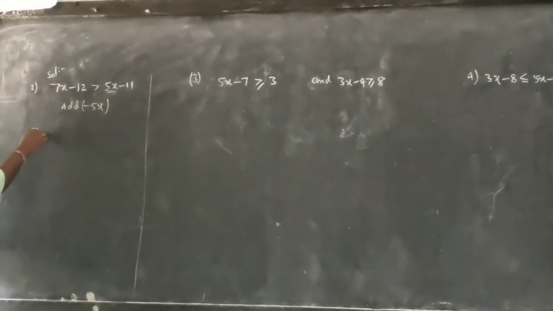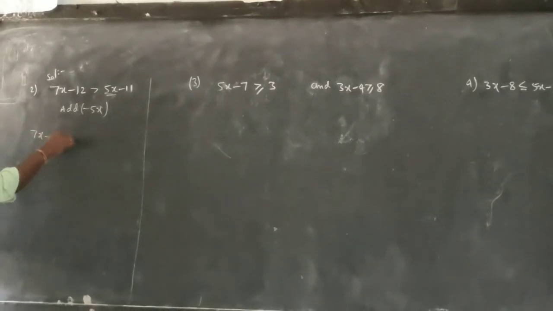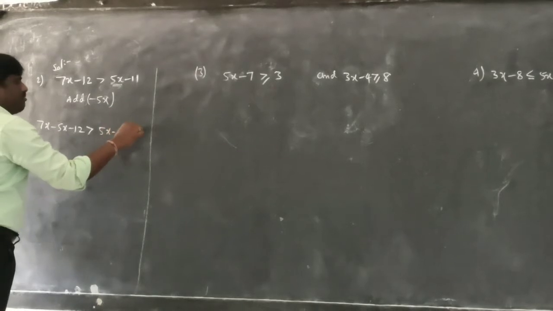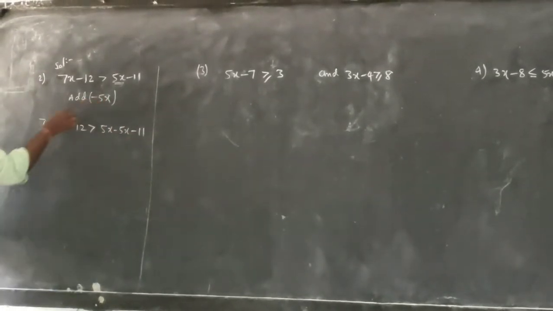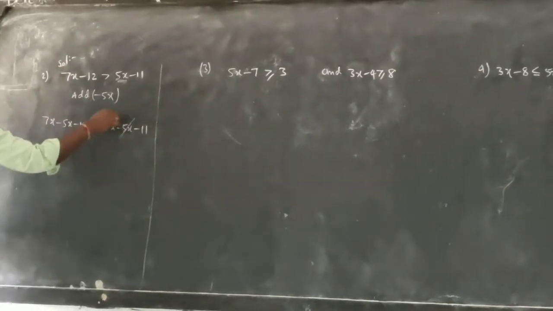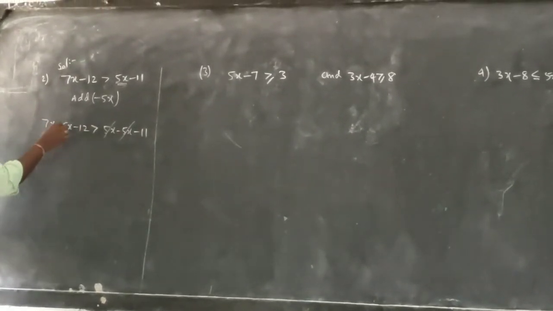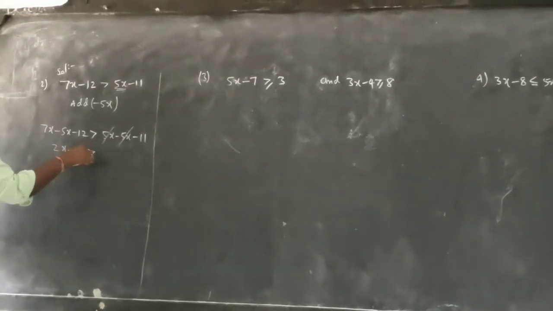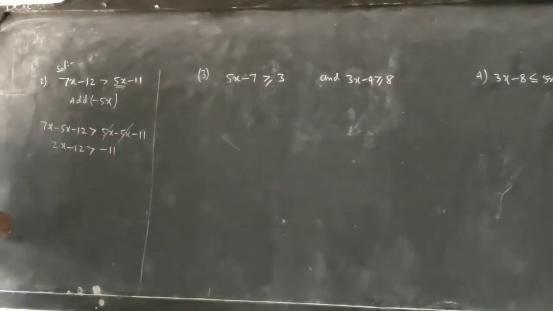So I get 7x minus 5x minus 12 greater than 5x minus 5x minus 11. This will be cancelled out, and 7x minus 5x will be 2x. 2x minus 12 greater than minus 11.